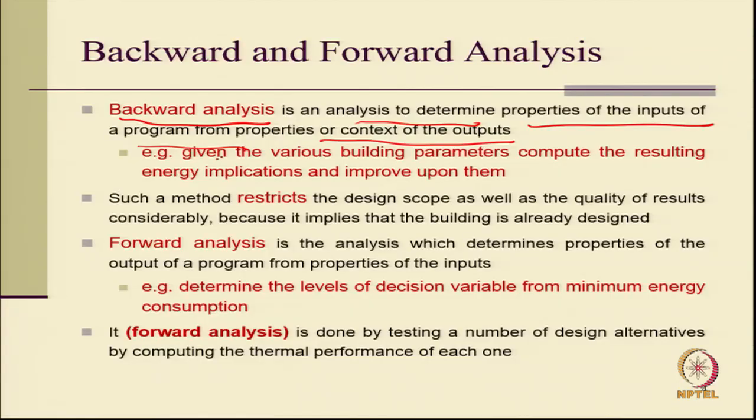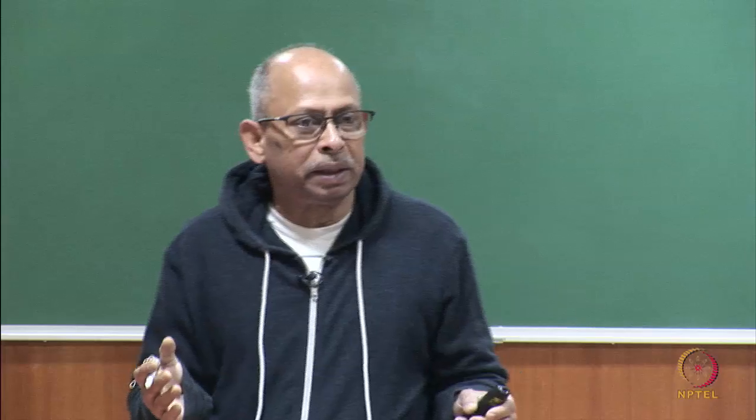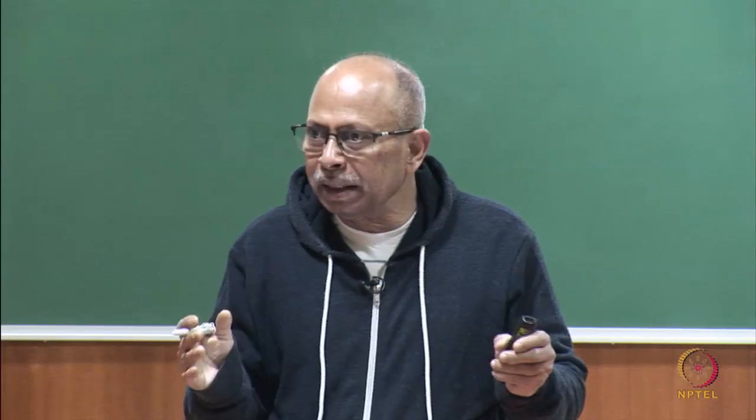So, backward analysis: given the various building parameters, compute the resulting energy implication and improve upon them. First, all building parameters are to be known, and then compute the resulting energy implication and then improve upon it. So, you have to assume first the plan itself, the design itself.